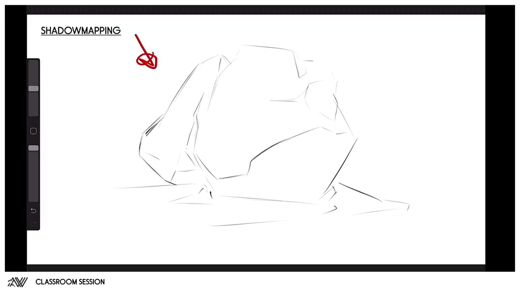In this case, that's the reason why I made you guys in day 1 draw so many boxes, is because basically rocks are some sort of boxes with a lot of planes cut off, right? Or added to them. So I established my lighting source, and then I start establishing where I think all the shadows will be hitting.